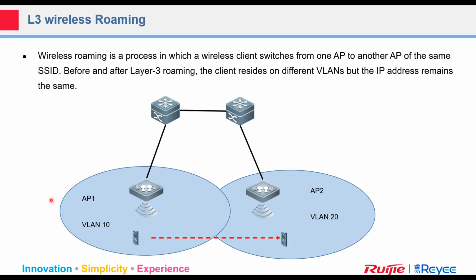Before and after this layer 3 roaming, the VLAN of these two APs is different. So what happened is the client moved from one area to another area with changing VLAN on the AP side, but the IP remains the same.